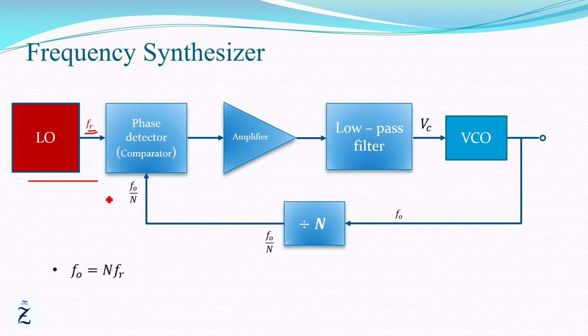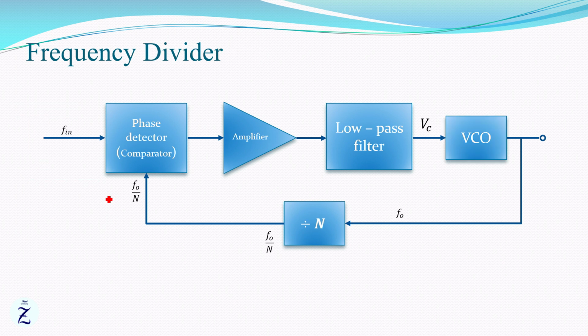Another application of PLL is the frequency divider. In the frequency multiplier circuit, if the frequency divider in the feedback loop is replaced with a frequency multiplier, it will act as a frequency divider.